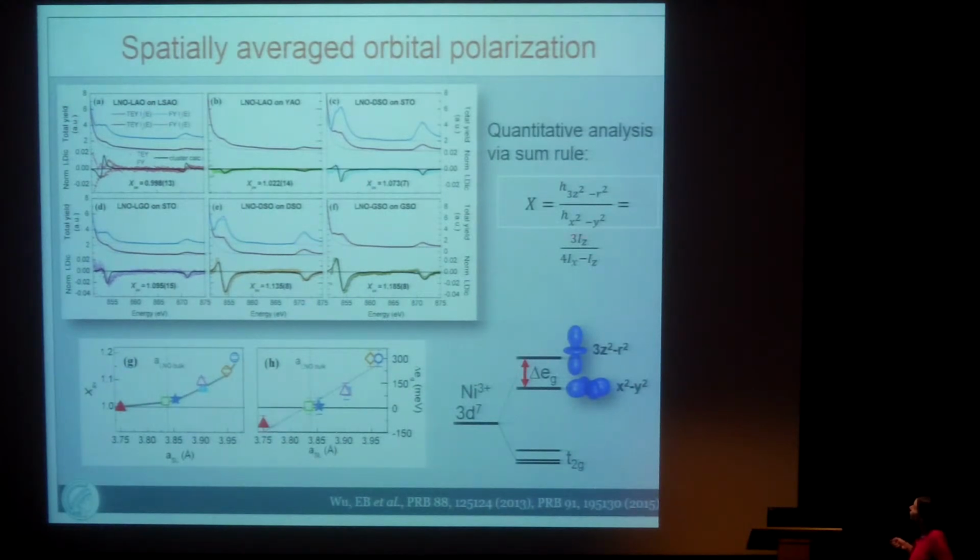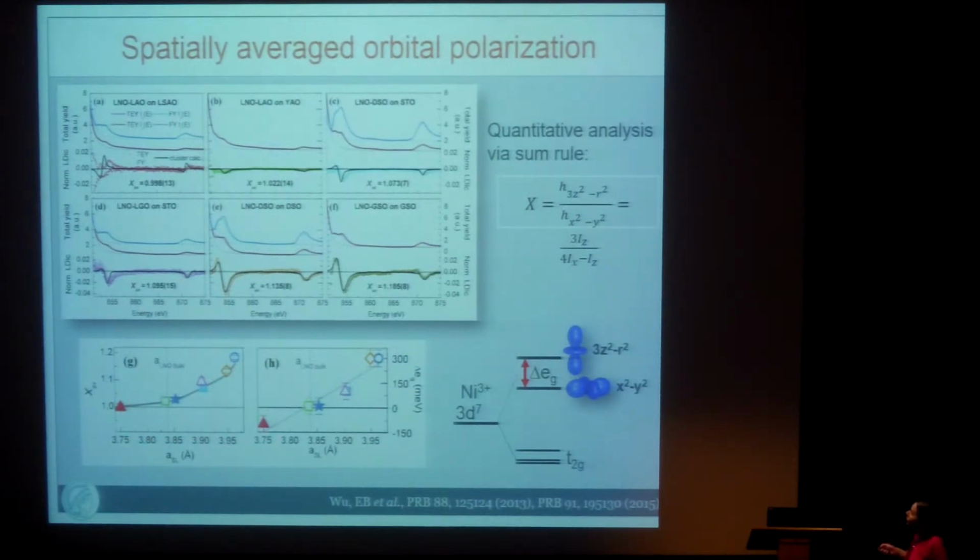By analyzing these data quantitatively by making use of the sum rule, which relates the ratio of holes in the 3z squared orbital to the ratio of holes in the planar orbital to the intensity measured with V and X polarized light, we can get a quantitative determination of orbital polarization as a function of strain induced by the substrate.